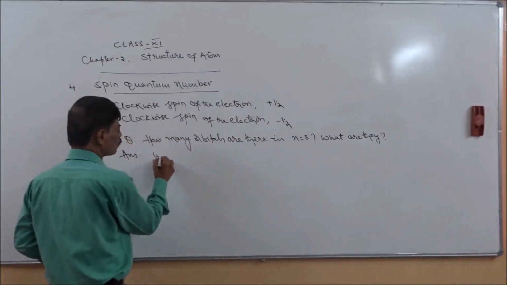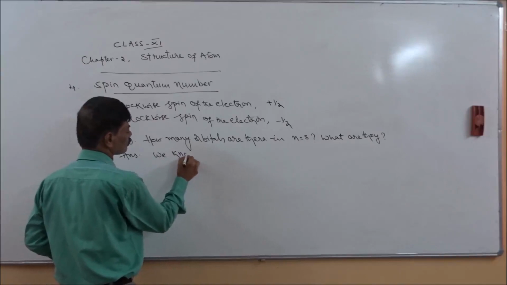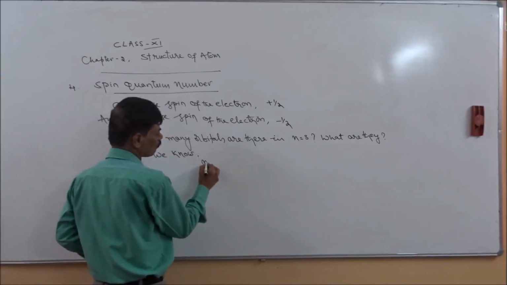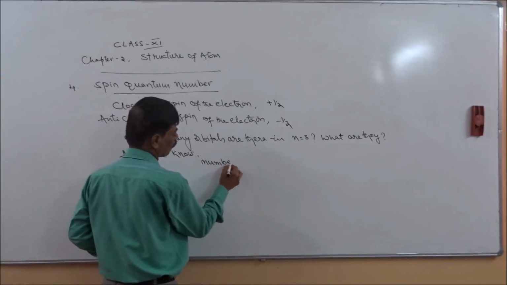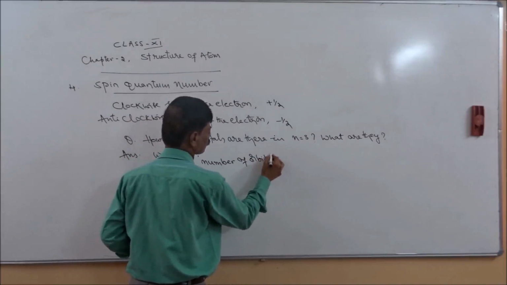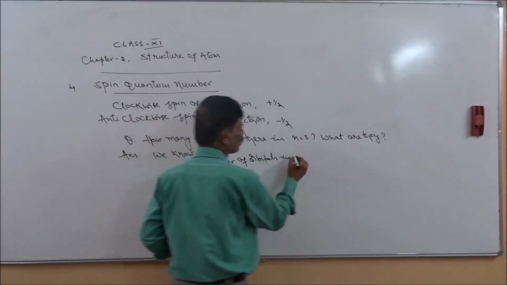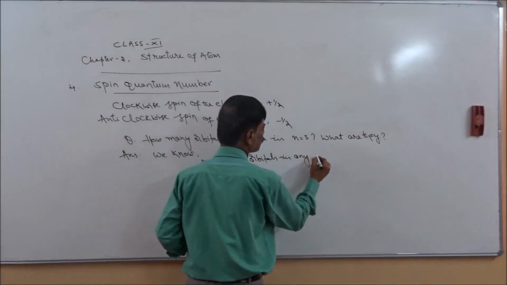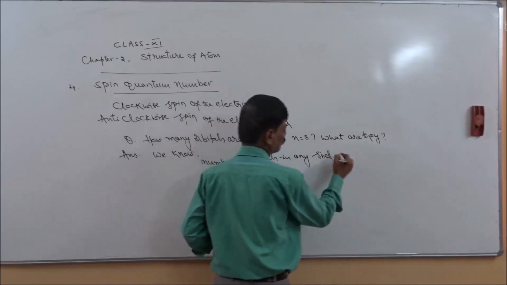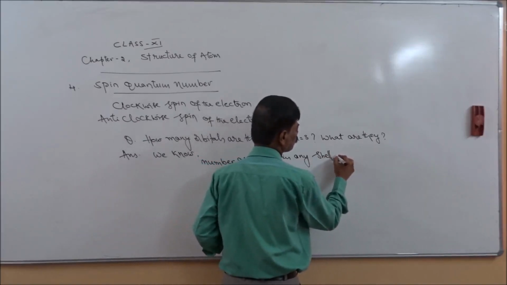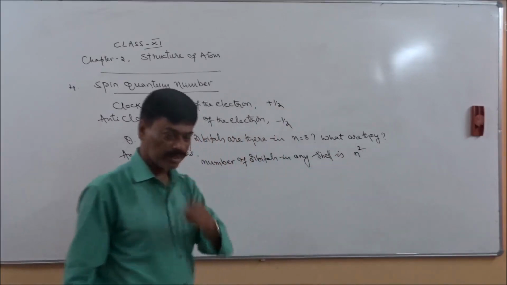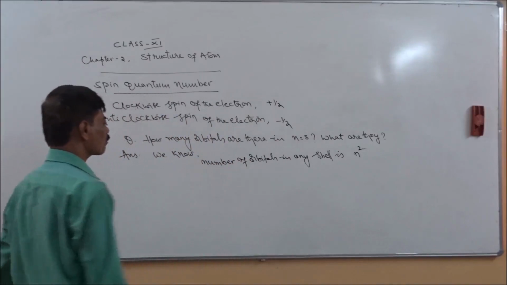So we know the number of orbitals in any shell is equal to n square, n being the shell number of principal quantum number.